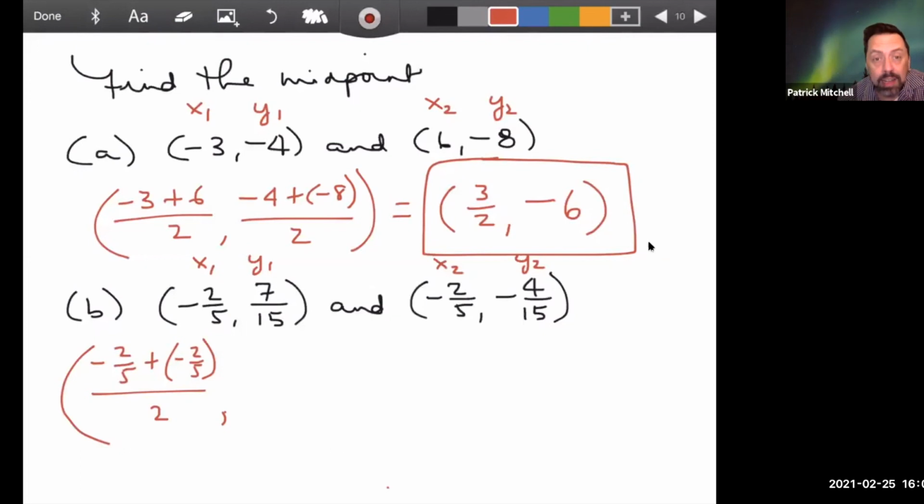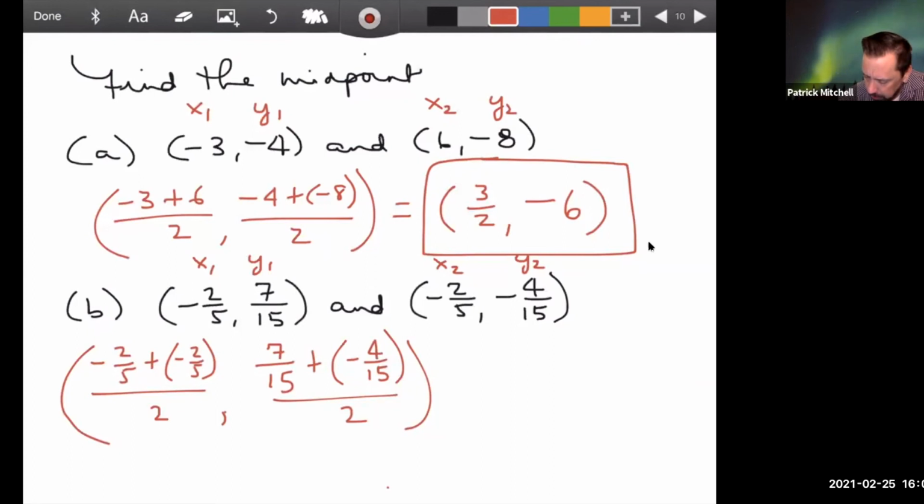All right, but that's not going to happen with the y's because those are not the same. 7/15 plus negative 4/15 divided by 2. All right, so you know what? I'm just going to go ahead and write that this first one is negative 2/5, but the second one, 7/15 plus negative 4/15 would be 3/15. So let's talk about what happens when you divide 3/15 by 2.